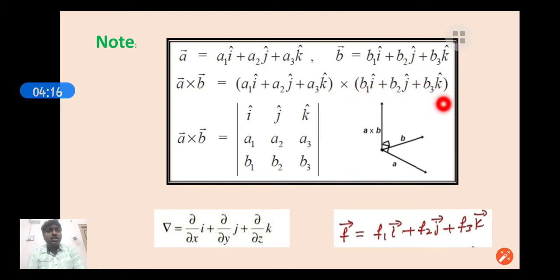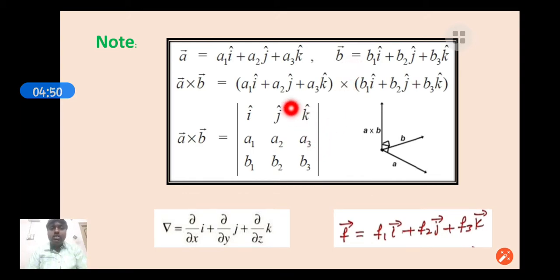So a bar cross b bar is equal to the determinant of i bar, j bar, k bar, which are unit vectors along the x, y, z axes, then a1, a2, a3, the components of vector a bar, and b1, b2, b3, the components of vector b bar.